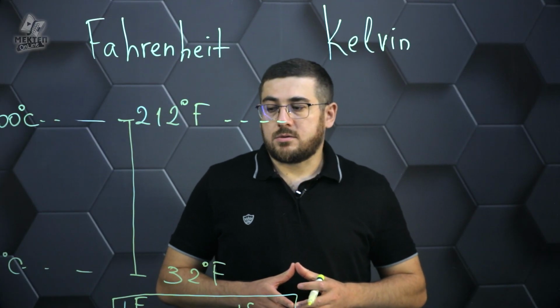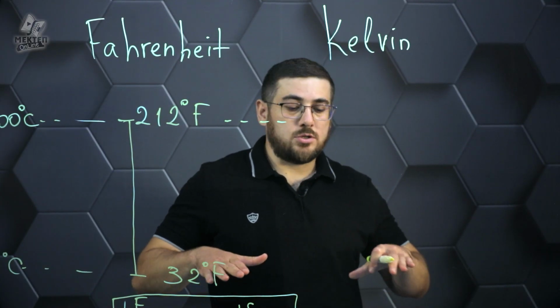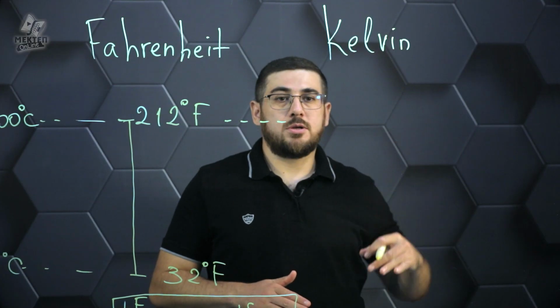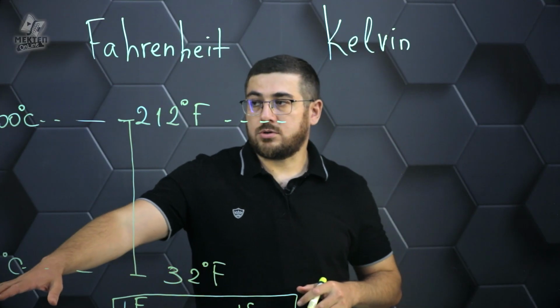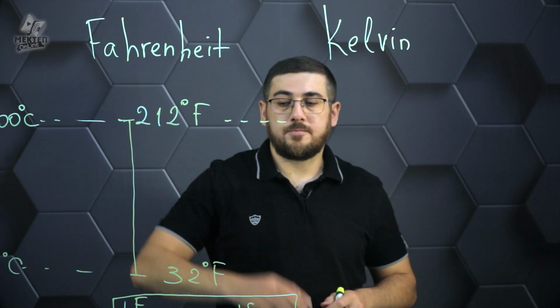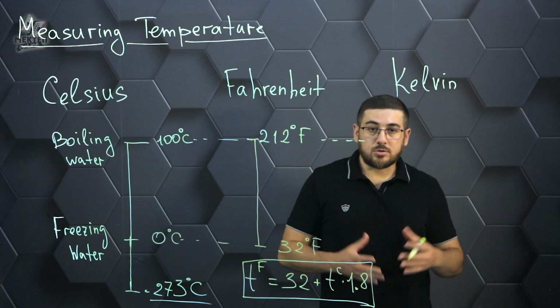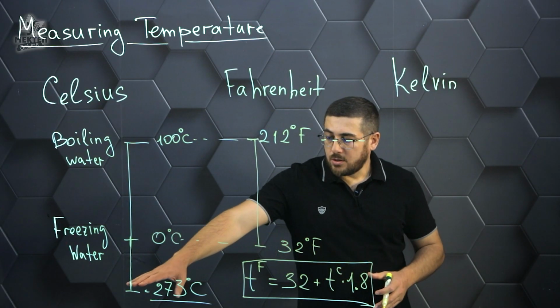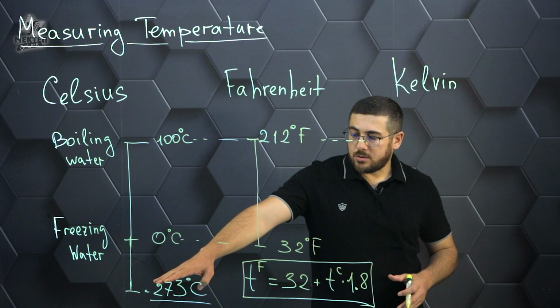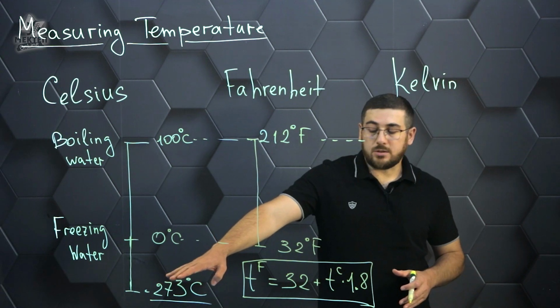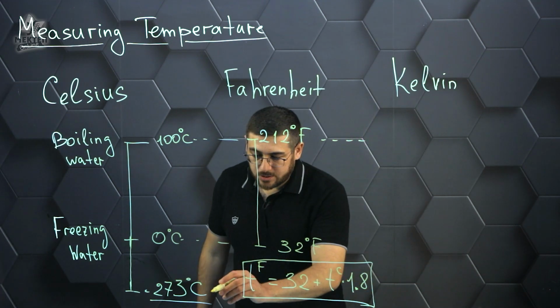And below this temperature there is nothing, so this temperature scale has only positive values, unlike the Celsius scale or the Fahrenheit scale. So the lowest temperature on the Kelvin scale is exactly what we're going to track, the lowest temperature on the Celsius scale, which is minus 273 degrees.